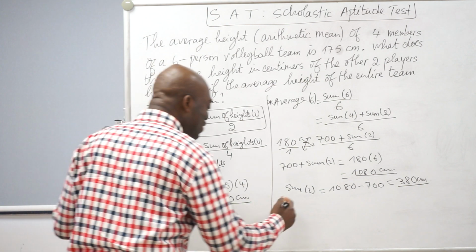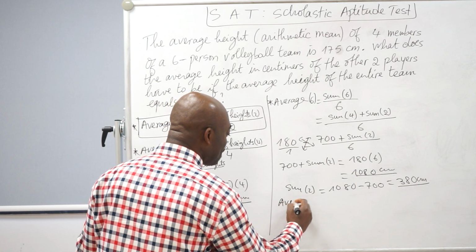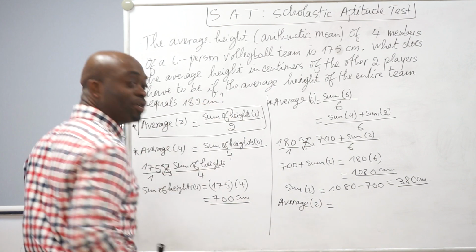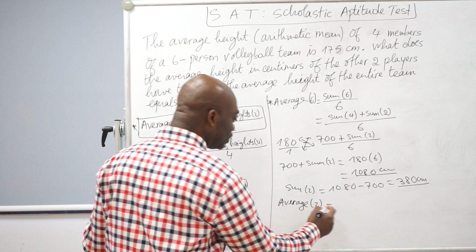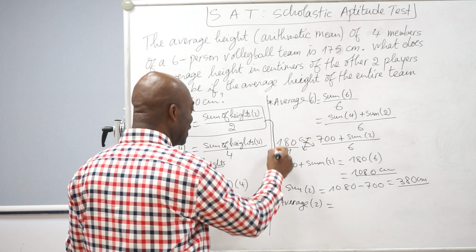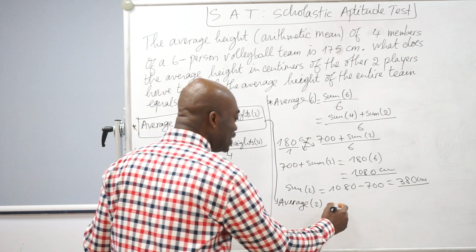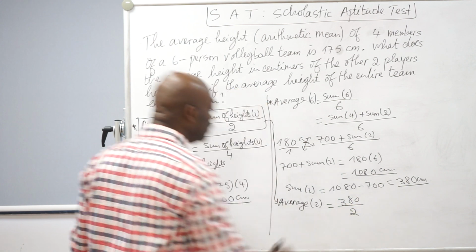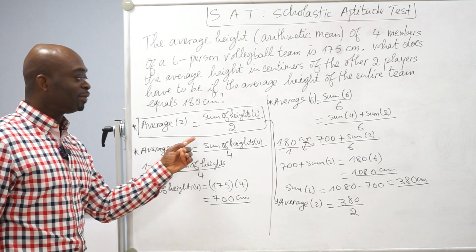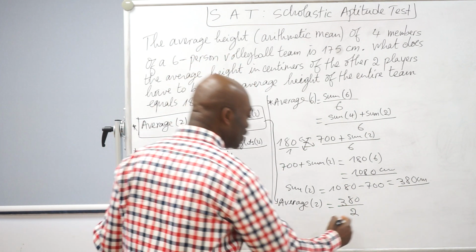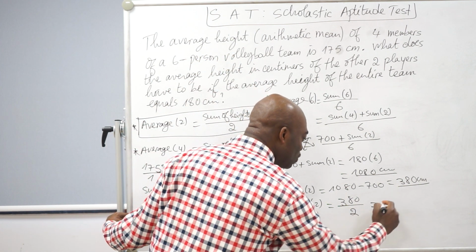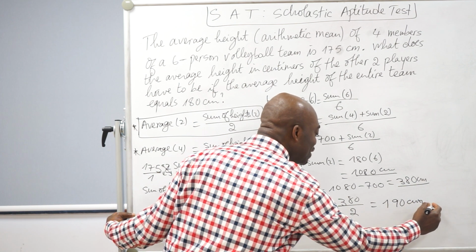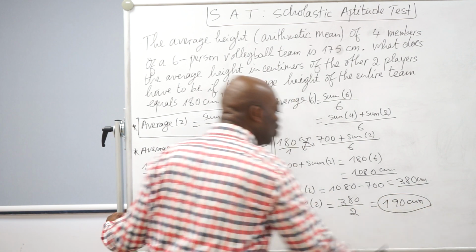The average height for the two players would then be equal to 380 centimeters divided by 2, using this formula here. You guys with me? And that will give us 190 centimeters. And ladies and gentlemen, this is what we have been looking for.